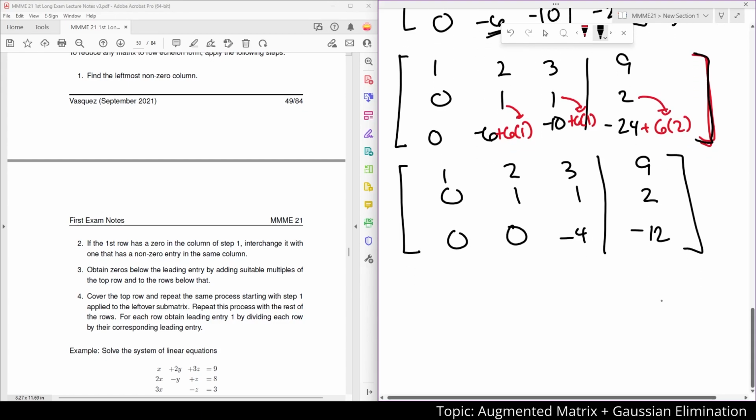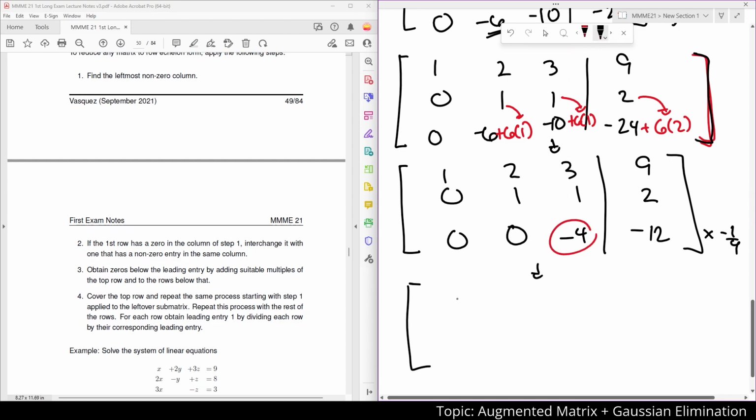Now, para magawa natin yung row echelon form, gusto natin gawin itong row 3 natin into 1 yung first entry. What we will do, we'll multiply this by negative 1/4, para this one, negative 4 maging 1 siya.